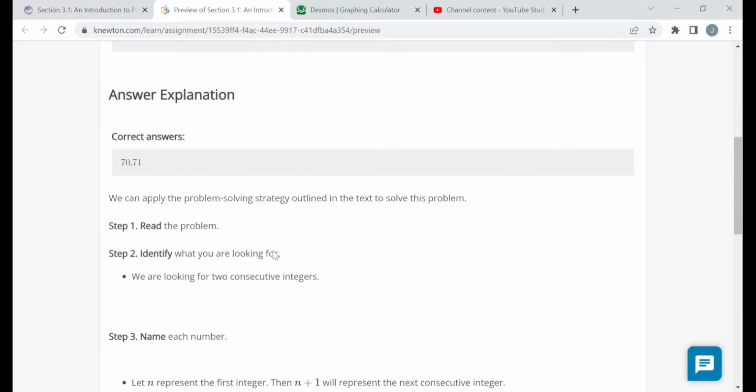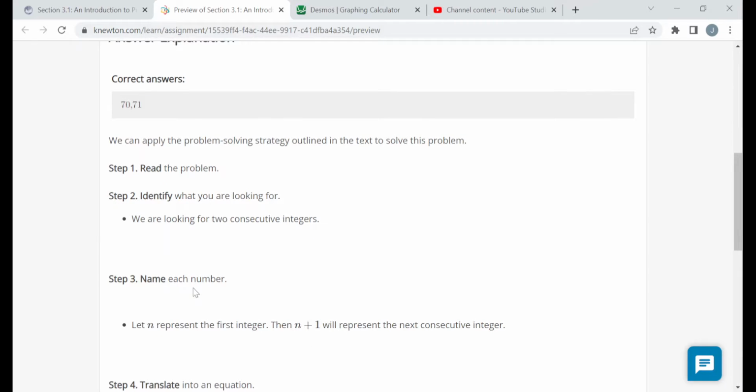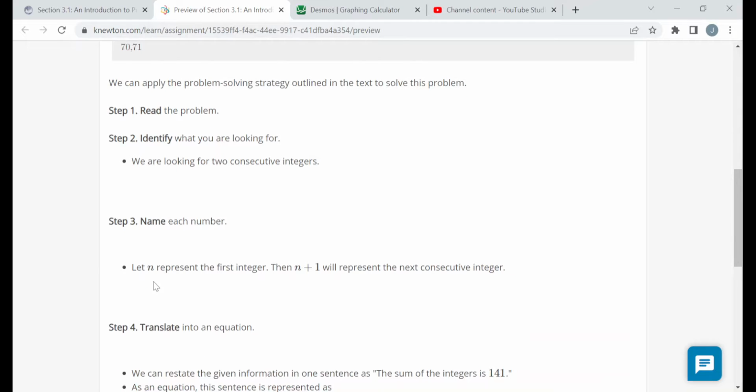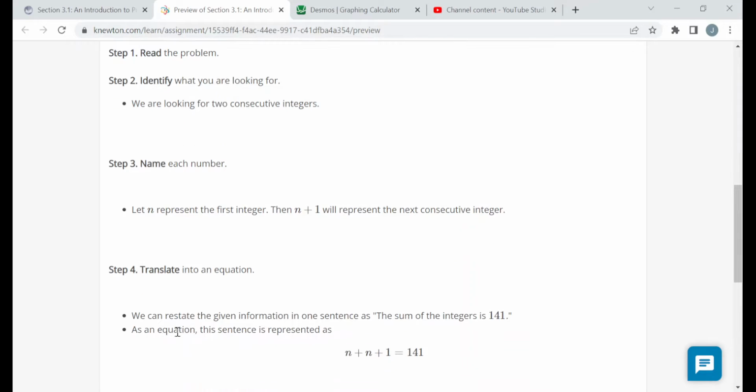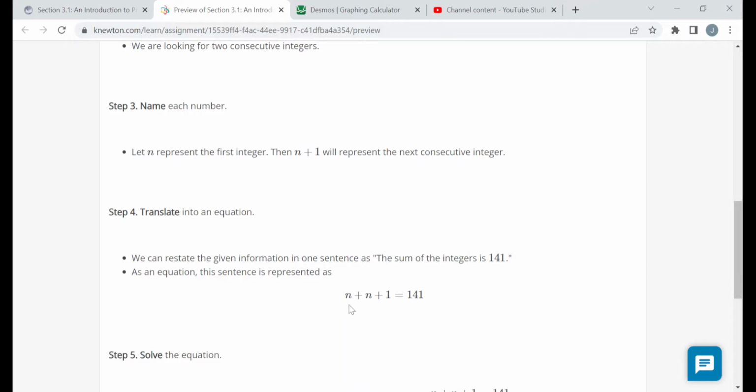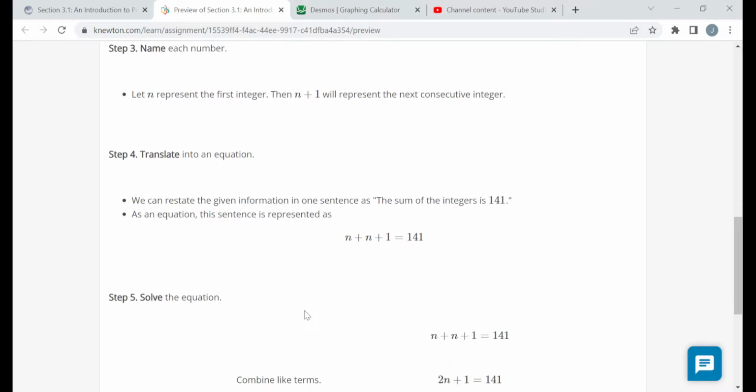Yeah, and here they are. So you read the problem. Identify what you're looking for. These are the unknowns. Name them. Name those unknowns. Now they call them n and n plus 1. I call them x and x plus 1. It doesn't matter, as long as they represent consecutive integers. Translate into equations, n plus (n plus 1) equals 141, like I had with x instead of n.